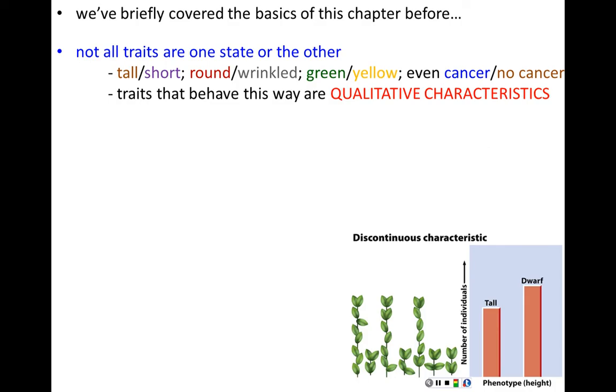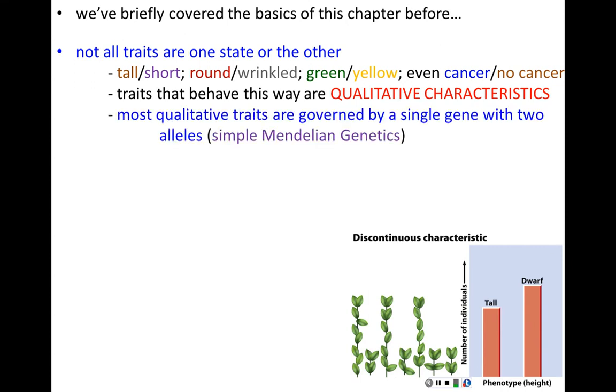You don't have to measure the height of the tall plant to tell that it's tall, and you don't have to measure the height of the short plant, in this case, to tell that it's short. You merely have to look at them, and you can instantly determine qualitatively which characteristic the plant has, tall or short.